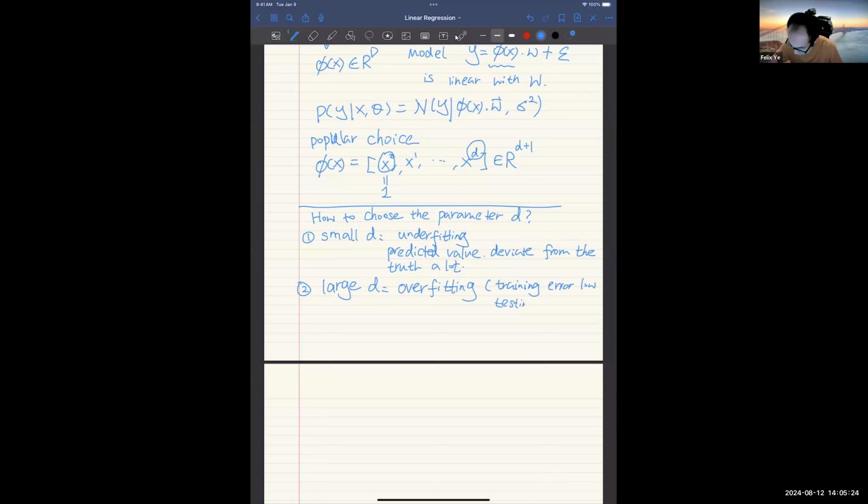You will see that momentarily. That is, this cannot generalize to new data, which is also really bad.